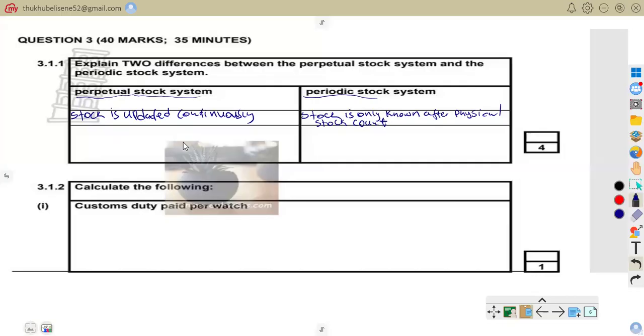We can as well give the difference of these two by their cost of sales.